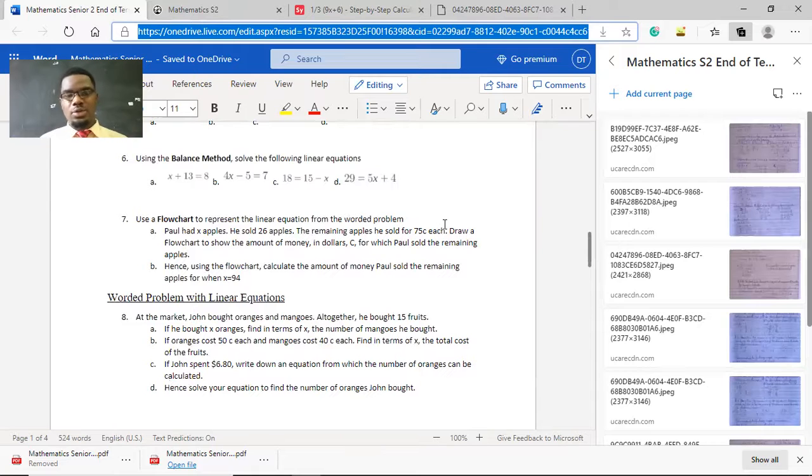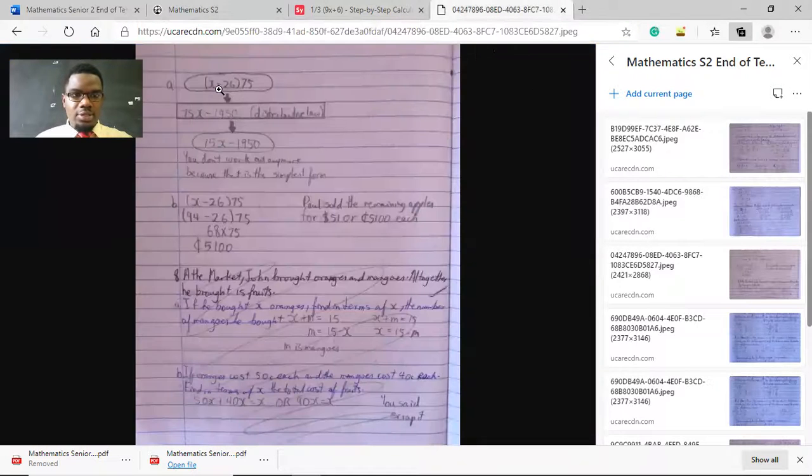And then the question says, using that expression, X minus 26, each of the apples was sold for 75 cents each. Let me go to the example to visualize it for you. X minus 26 is the value for how many he has now, because he gave away 26 from the X he had.